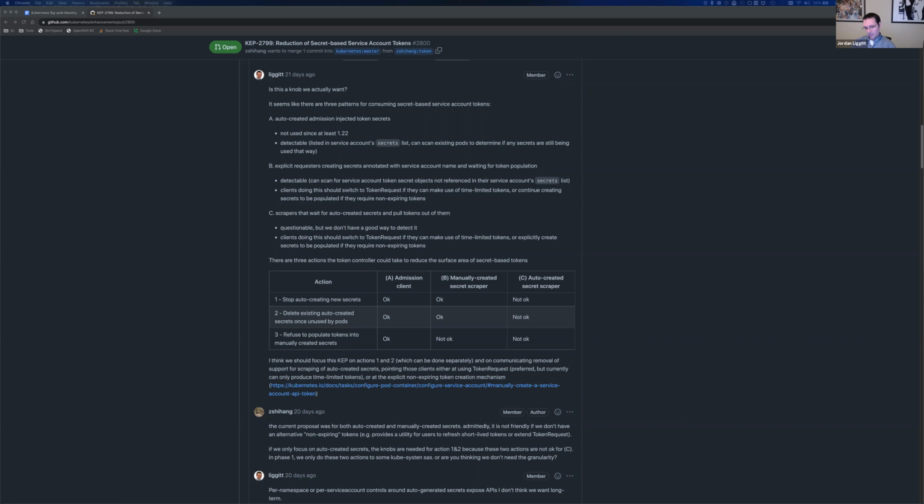Annotating secrets that have been used with a pretty coarse-grained indicator, like the date they were used, so that they get written to at most once a day.